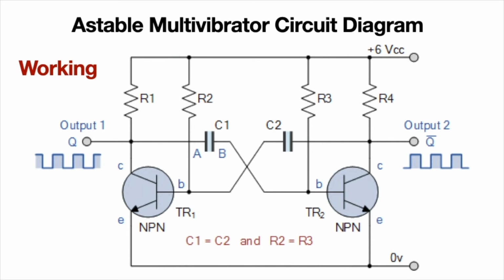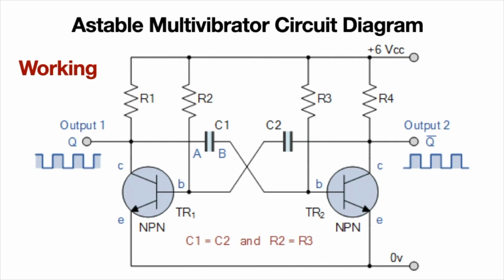So we see that C1 capacitor charges in the other direction through RB2 and C2 charges through RC2. As Q1 is on, therefore it is forward biased. We can say that the base emitter junction is in forward bias and the voltage across it will be 0.7 volt.